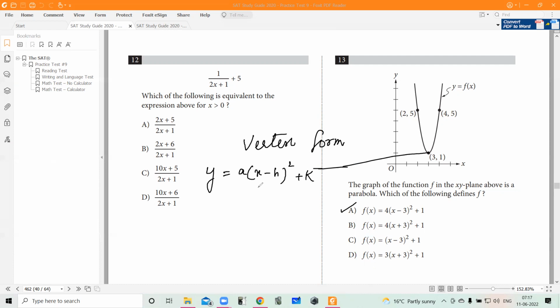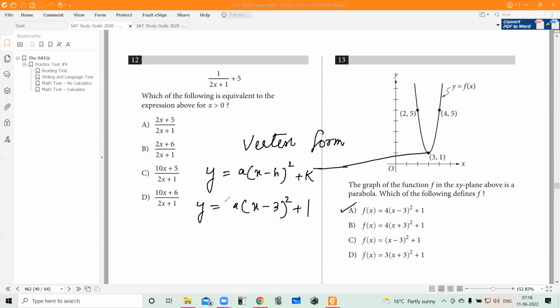At that time, how can you convert if you don't remember the form of it? So it'll be a times x minus h whole squared plus k, where h comma k are the coordinates of the vertex. So it'll be like y equals a times x minus h, which is 3, squared plus k, which is 1.